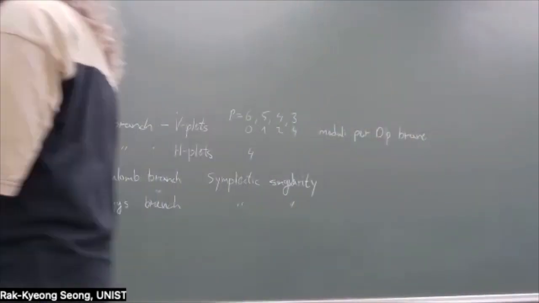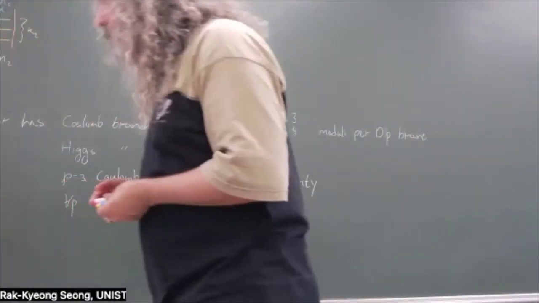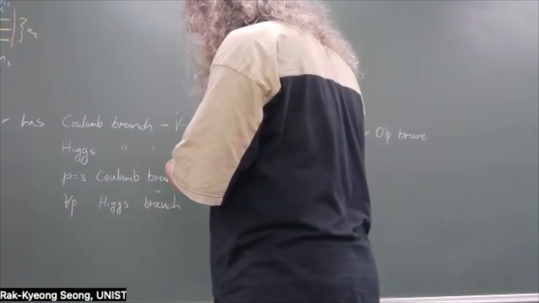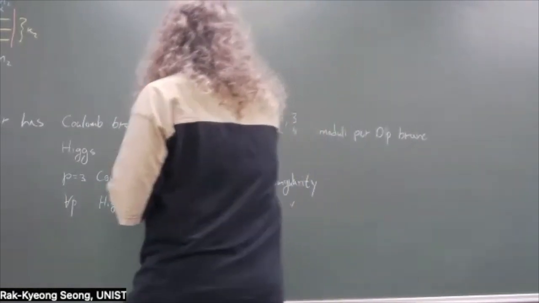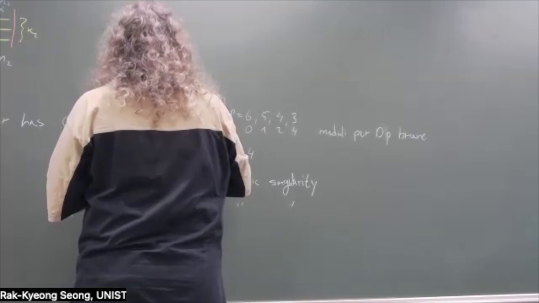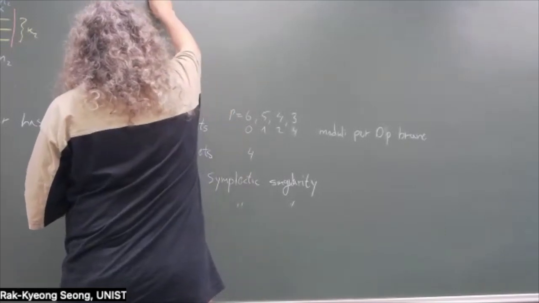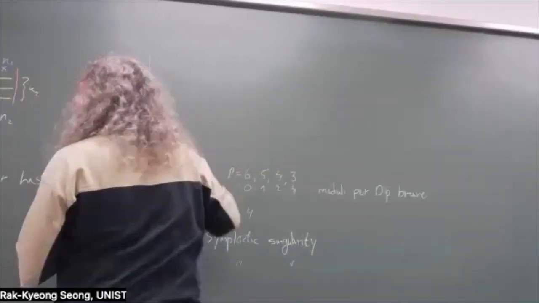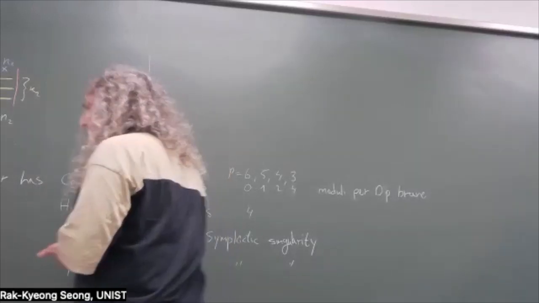Let's see how we move from. Let's draw a simple configuration. So let's take the following configuration. Actually, I want to start with the NS5. That's the more conventional.